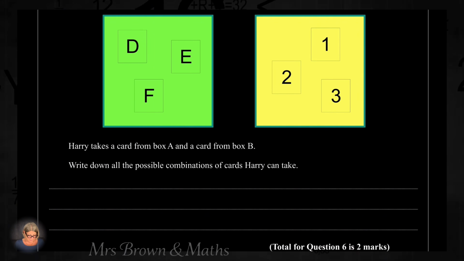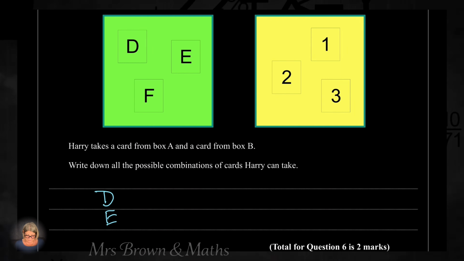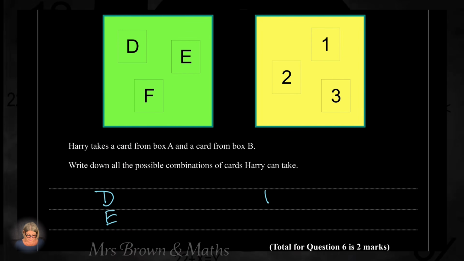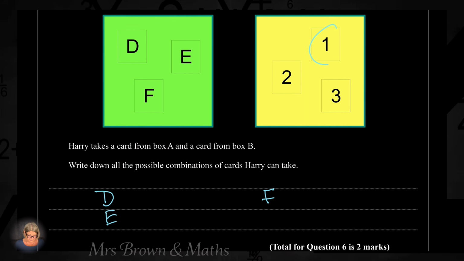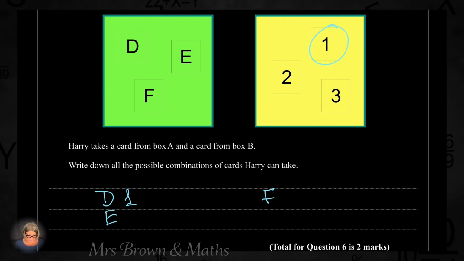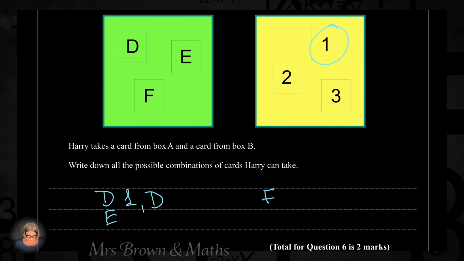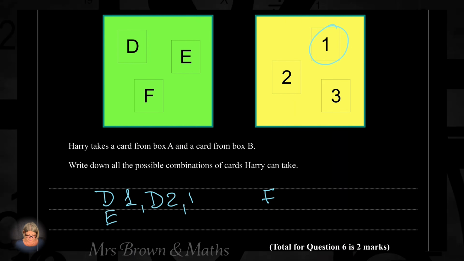Right, we have D, we have E, and we have F. Right, D can go with 1, D can go with 2, D can go with 3.